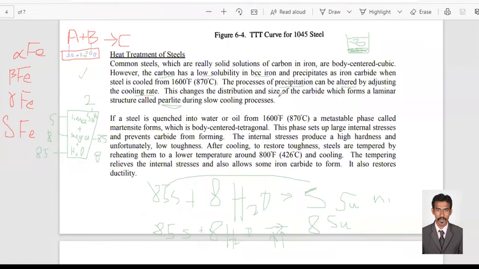So it changes the distribution and the size of the carbide, right? Distribution is more amount of that carbide mixed with iron, and size is big molecules, or big atoms, of carbide, which forms a laminar structure called pearlite during the slow cooling process, right?